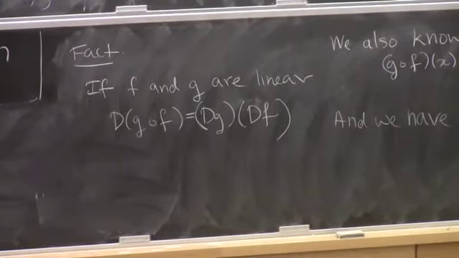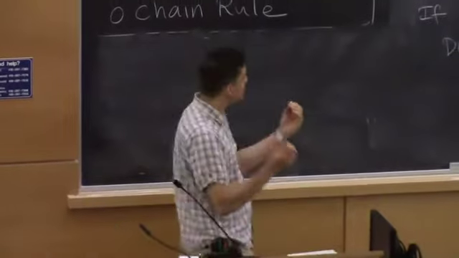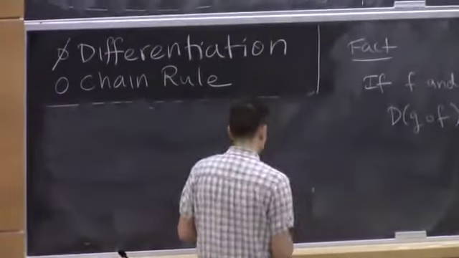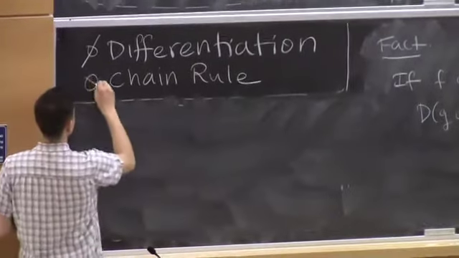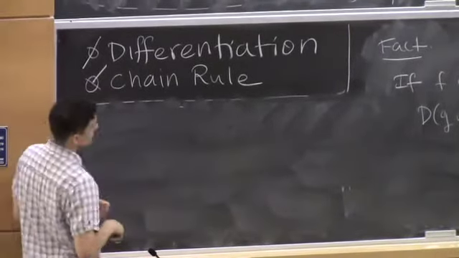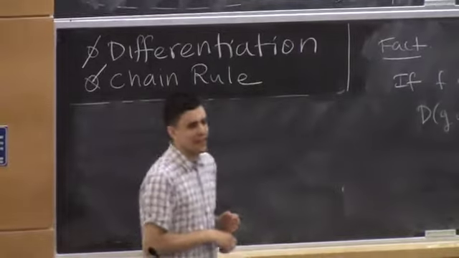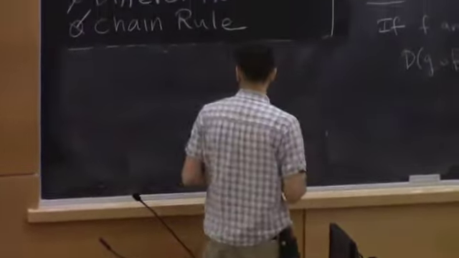Before people rush off, though, I want to do the ritual of summarizing what we did this week. Let's say that we halfway did the chain rule. There's still more chain rule to do. So what did we do so far this week?